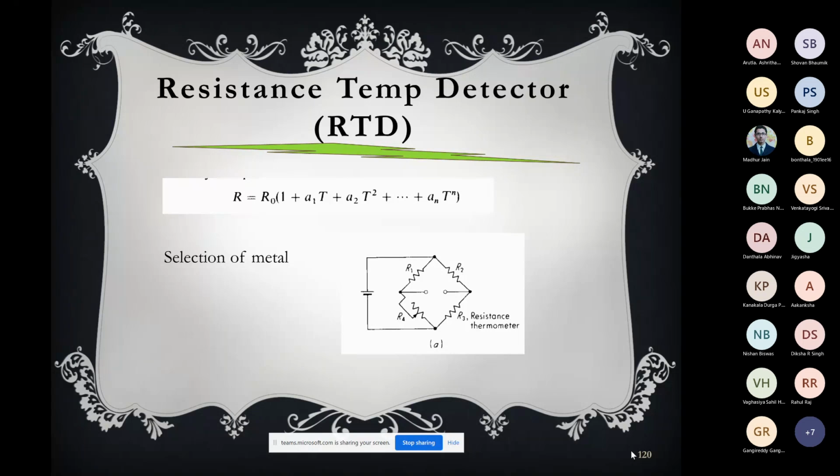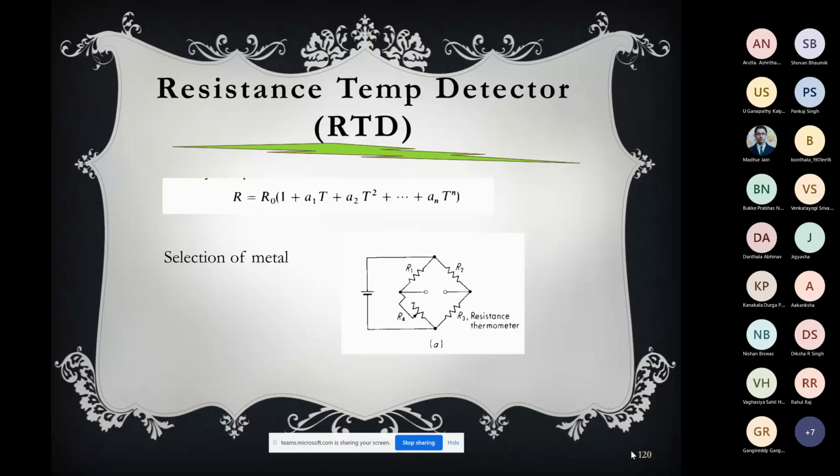So considering all those properties, the major 3 properties and the minor 3-4 properties, platinum is found to be the best choice. So platinum is generally used for this type of temperature sensor. Sometimes we call it a platinum resistance thermometer.